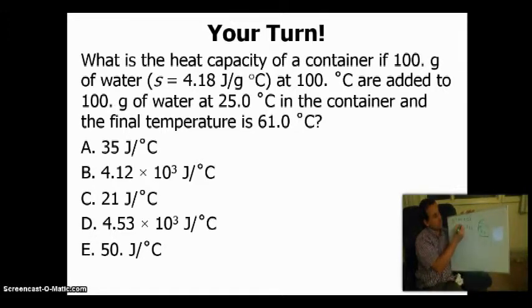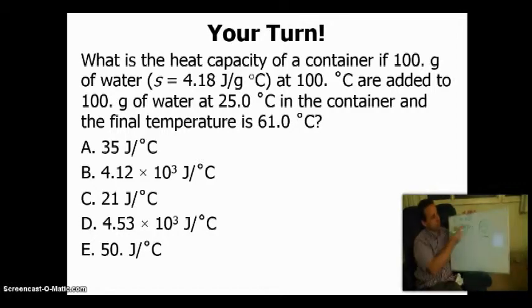The specific heat of this stuff, it's water, so it's 4.184, and that's units of joules per gram degree Celsius. And my mass of water, what was my mass of water? It says it was 100 grams of water.